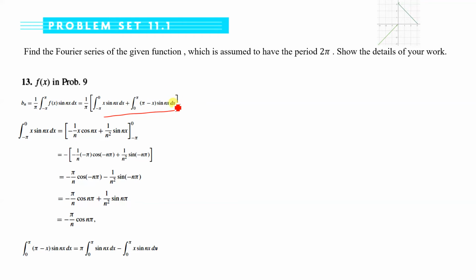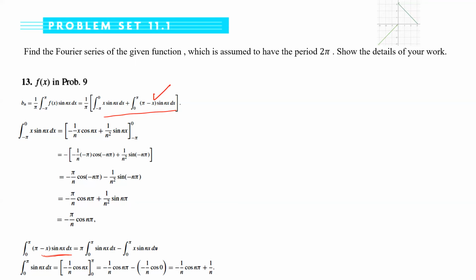Now consider the second part of the integration, that is pi minus x times sine of nx, which we can again write as the sum of two integrals. So pi times the integral from 0 to pi of sine nx, minus the integral from 0 to pi of x sine nx.